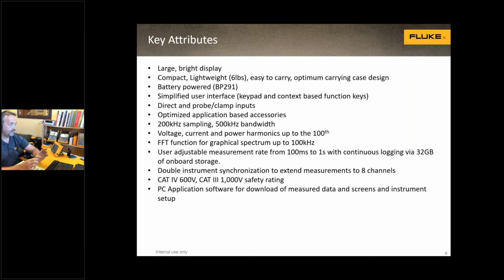It also has a Fourier transform window and gives you spectrum information for harmonic data up to 100 kilohertz. The measurement rate is user adjustable: you can set logging from 100 milliseconds all the way up to 1 second if you want to do continuous logging.